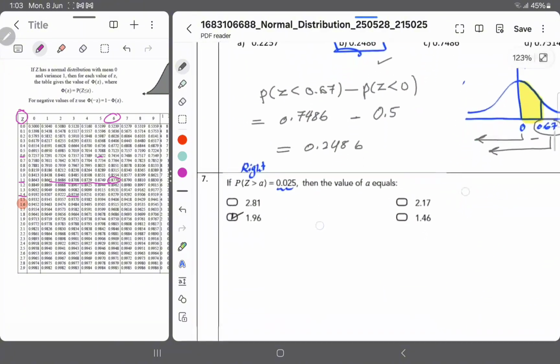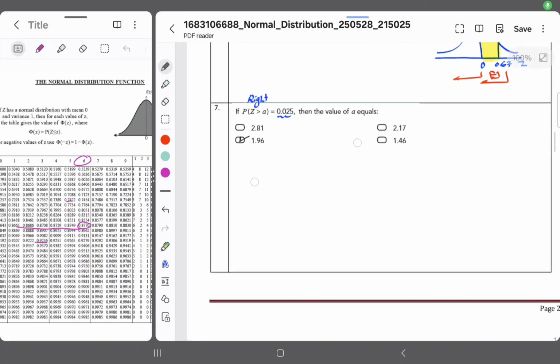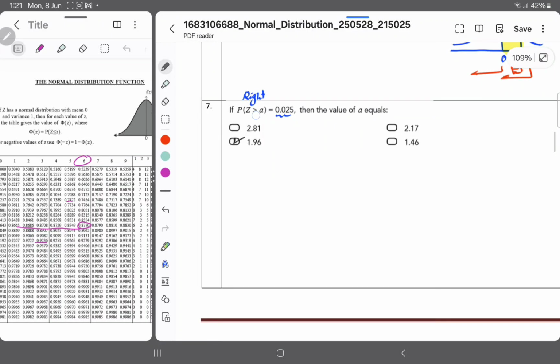Now we are going to the next one. I want to check if A is positive or negative, with Z on the right, so I will draw the graph. That is the normal distribution curve. As you know, the mean is equal to 0.